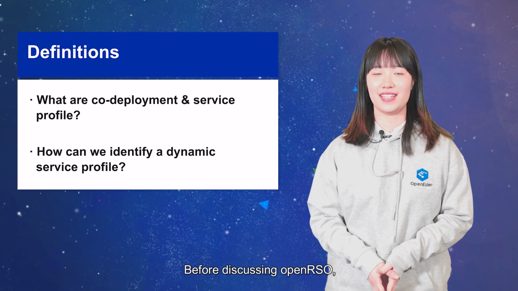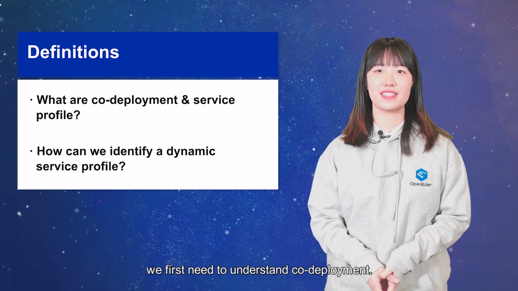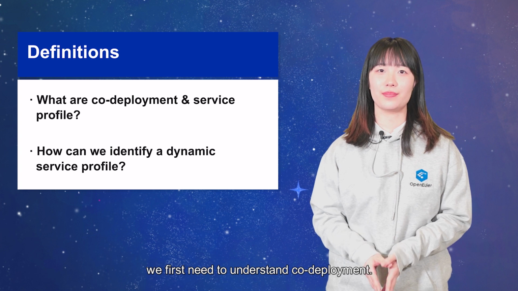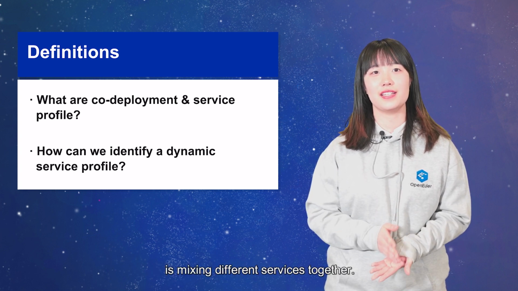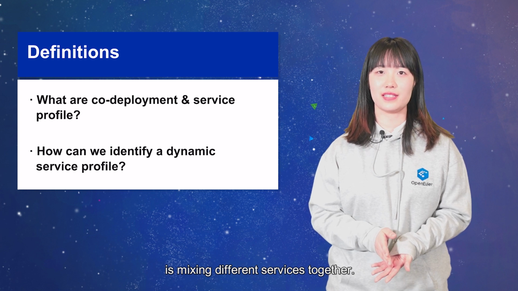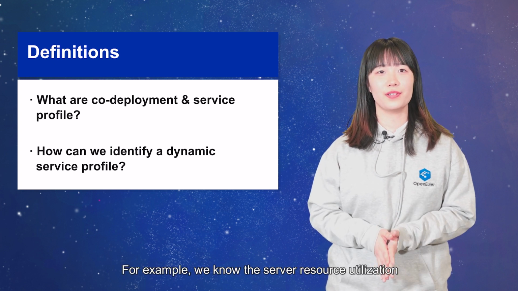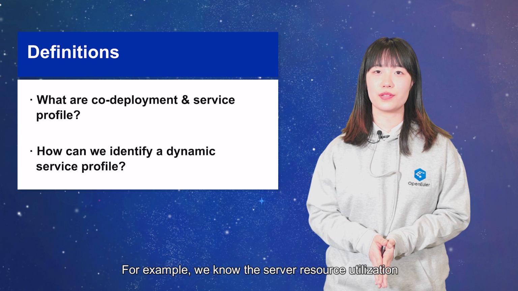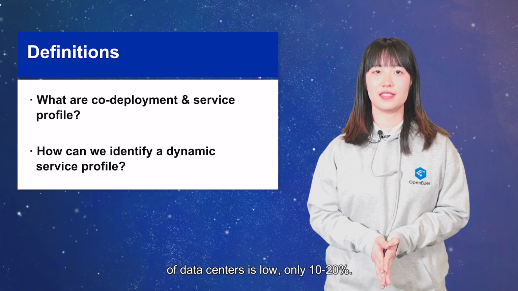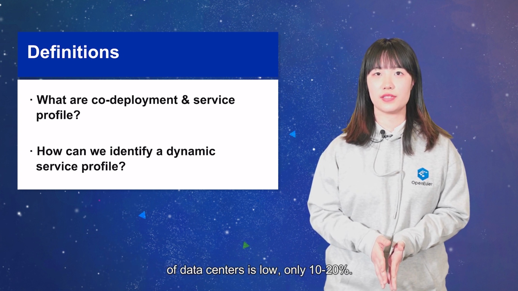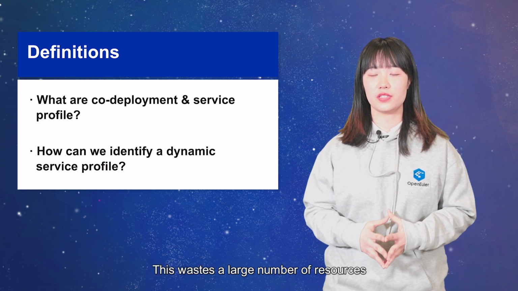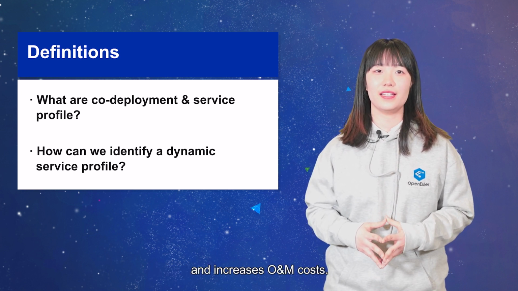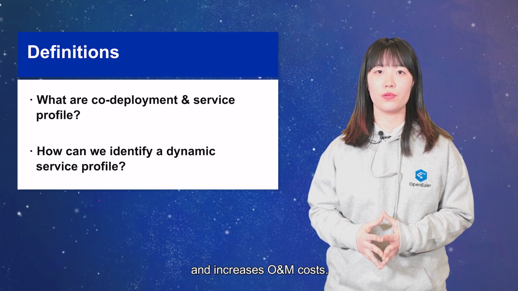Before discussing openRSO, we first need to understand co-deployment. Co-deployment essentially is mixing different services together. For example, we know the service resource utilization of data centers is low, only 10% to 20%. This wastes a large number of resources and increases O&M costs.